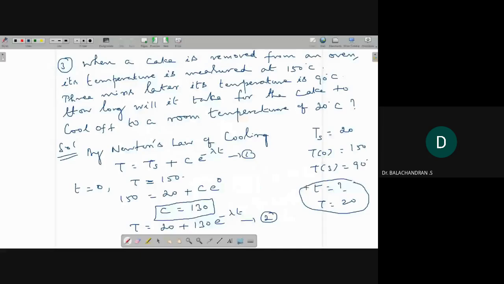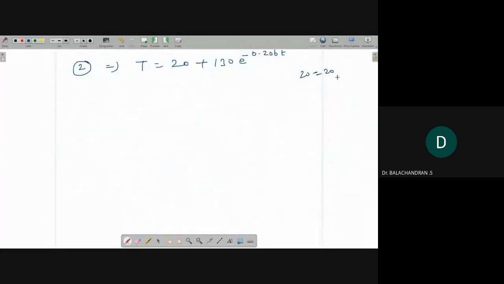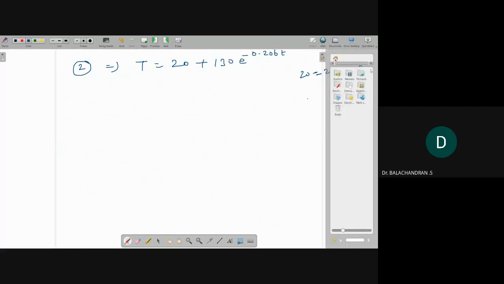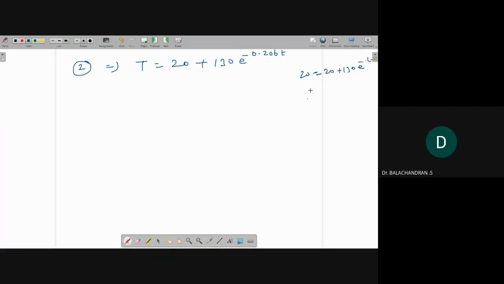So if I put 20 equal to 20 plus 130 into e power minus 0.206 t, then 0 equal to e power minus 0.206 t. You know that the value of e power anything is always greater than 0.